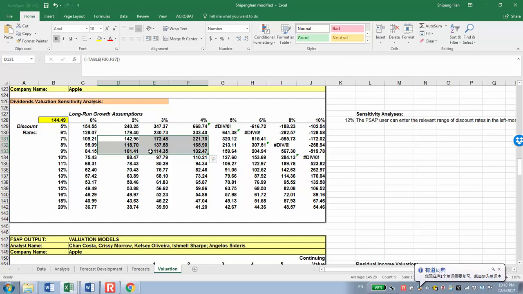That means the stock of Apple is undervalued with high probability. So I would recommend that investors buy the stock now, because the fundamental value is greater than the current market price, 114.